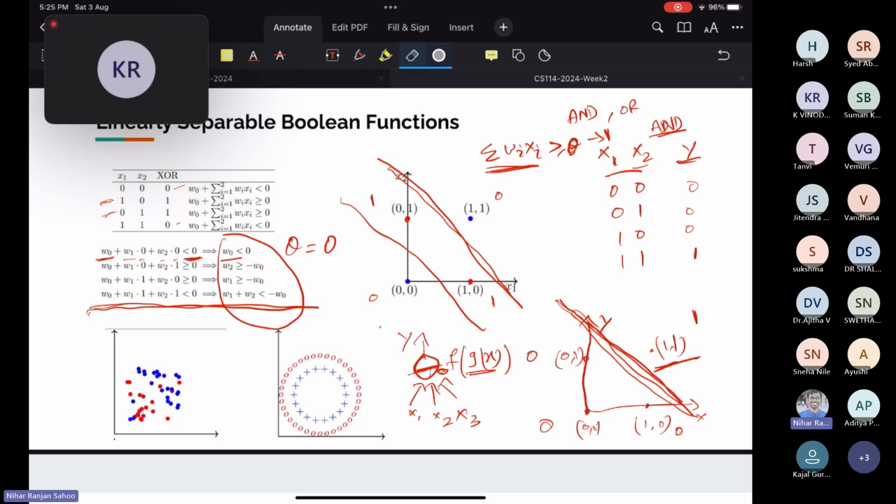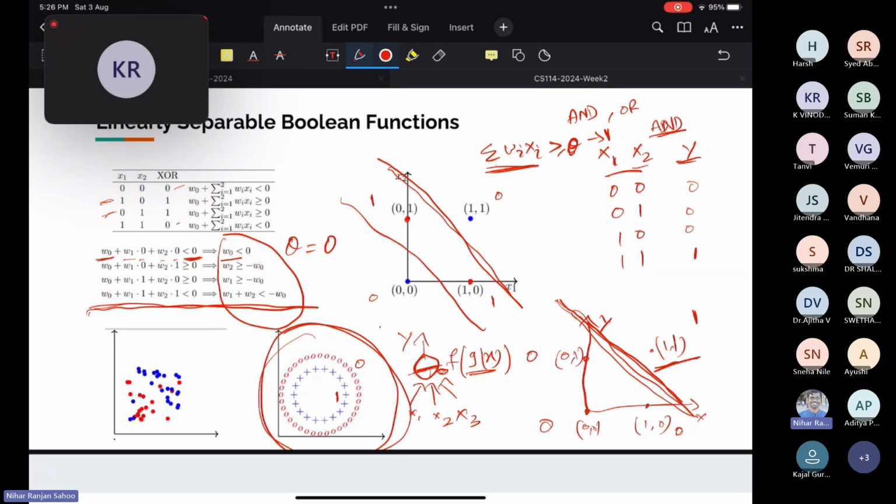Just to understand, let's consider: what are some of the non-linearly separable functions? This is one; this kind of data points we also discussed last time. In this plot particularly, I'm circling here: the outer red circles correspond to class 0, and the inner blue plus signs correspond to class 1, let's say.